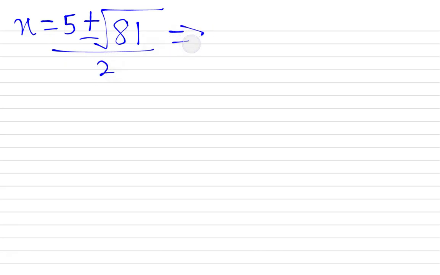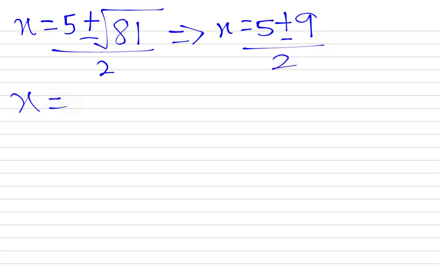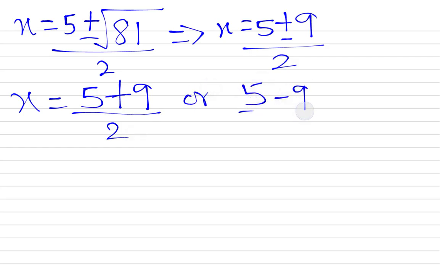That means we are going to have x equals 5 plus or minus square root of 81, which is 9, all over 2. That means our x will now be equal to 5. Now you separate the sign. You can see the sign is in front of 9, so that will be 5 plus 9 all over 2, or 5 minus 9 all over 2. That means our x is now equal to what?